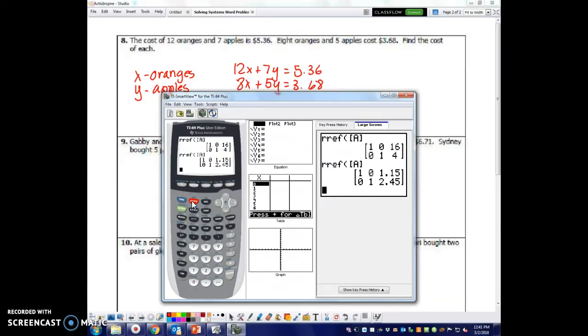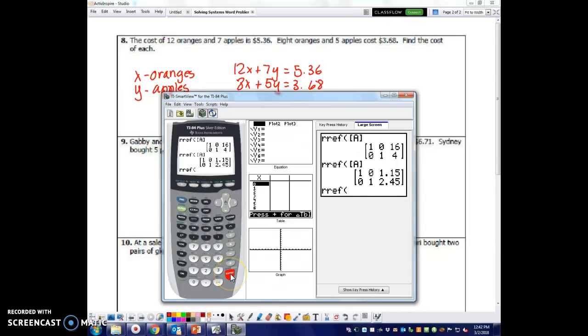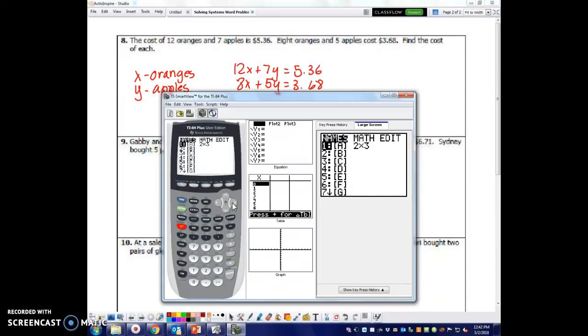Quit. Back into matrix. Over to math. RREF. Back into matrix.